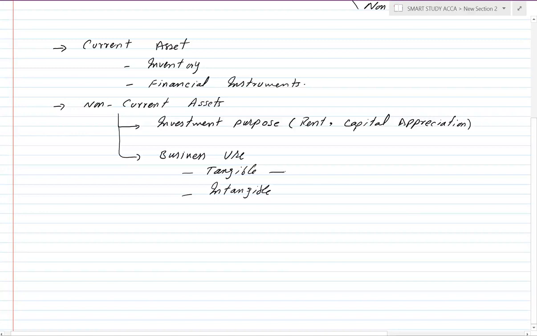Tangible business use non-current assets are called property, plant, and equipment. We will cover what property, plant, and equipment is. For the time being, I just want to give you a basic idea: any non-current asset which is tangible and held for use in the business is called property, plant, and equipment. On the other hand, there may be a few intangible non-current assets held for use in business, and these are called intangible non-current assets.